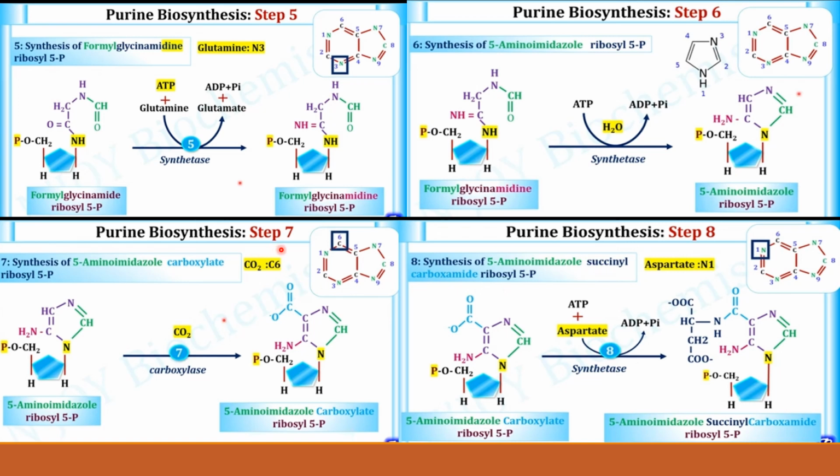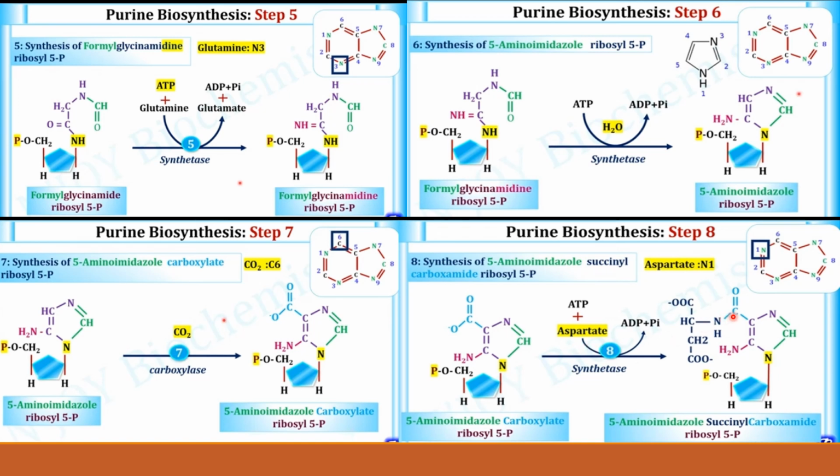In step 7, respiratory carbon dioxide is added by the help of enzyme carboxylase, and it attaches at the ring of amino imidazole ribosyl 5-phosphate. Then in the 8th step, aspartate is added.